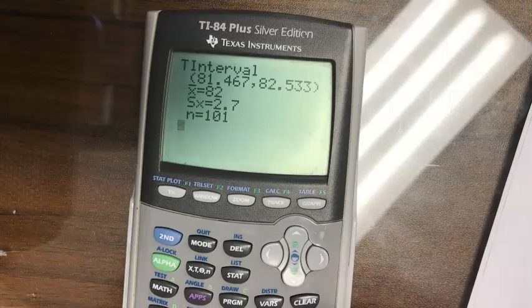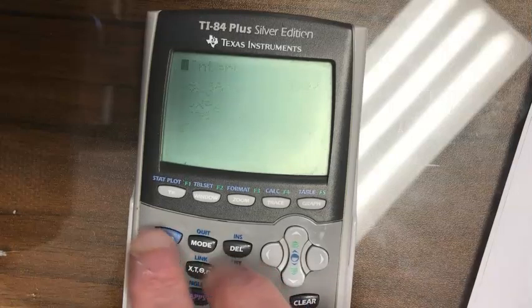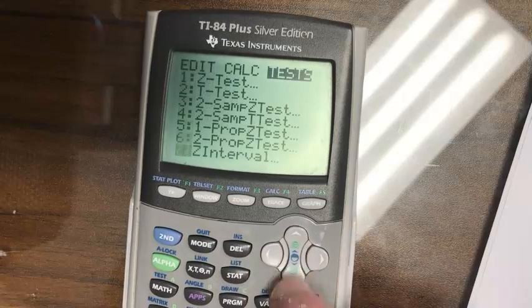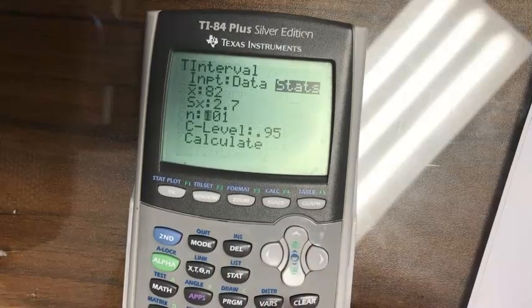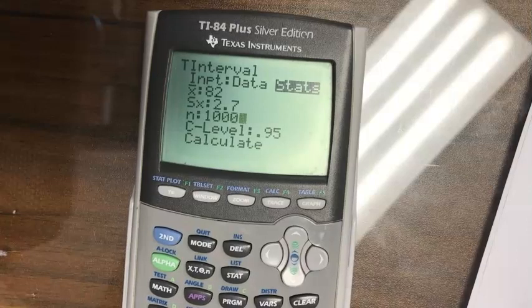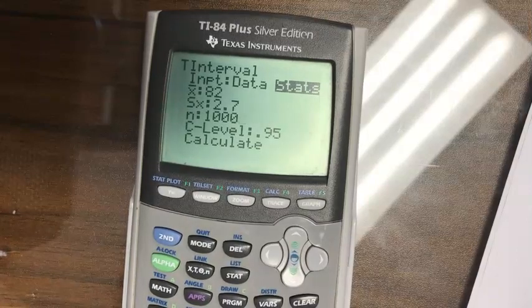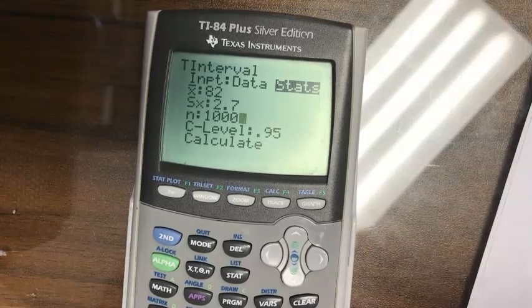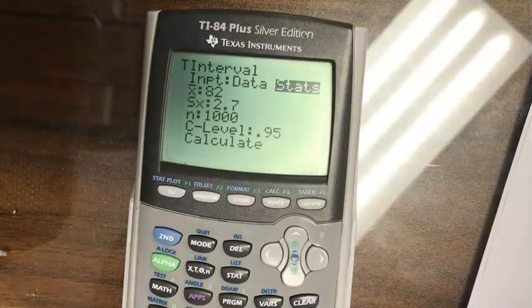So we need to be specific. If you are going to use t-interval, you need to make sure you use the appropriate sample size that is given to you. And it's going to calculate it based off of that. If you're going to use table B, you need to be consistent with table B. So that is how you do your calculator.